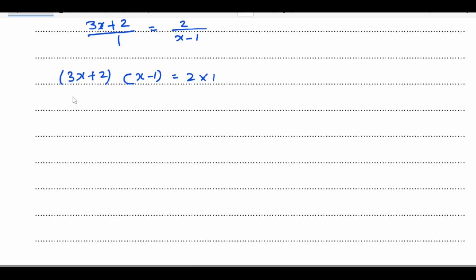So 3x times x is 3x squared, minus 3x plus 2x minus 2, and then we have 2 times 1 is equal to 2. So this is 3x squared minus x minus 2 equals 0. We shifted this 2 to the other side.